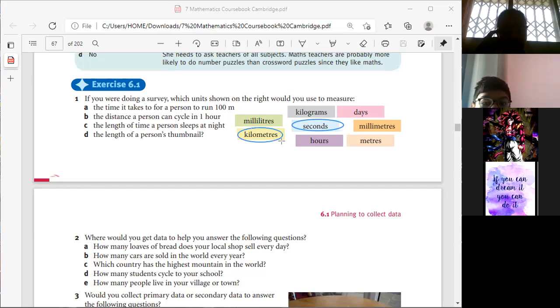Okay, the length of time a person sleeps at night. Hours. The length of a person's thumbnail. Millimeters. Yes, it will be millimeters.